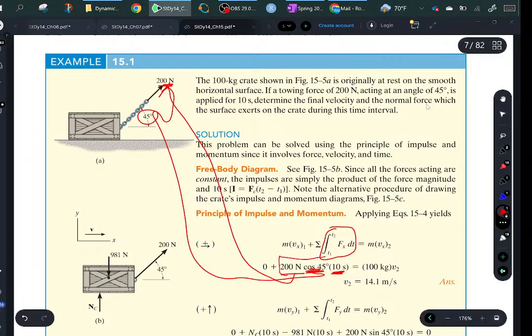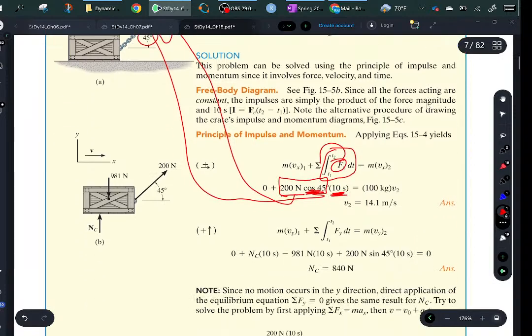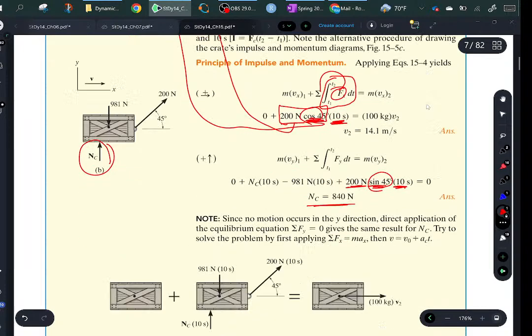Since this is a constant, it can be just pulled out, multiplied times 10. And still constant, with cosine and sine, still 10 seconds, and it tells you whatever that is, normal force.